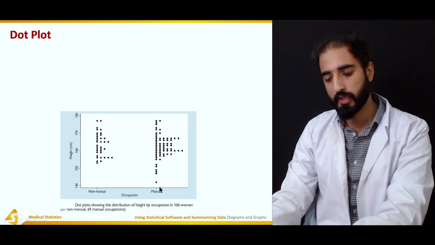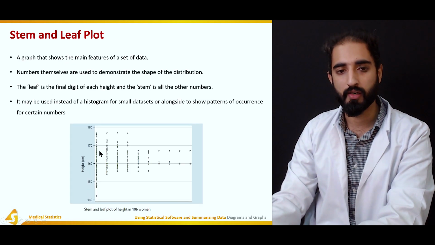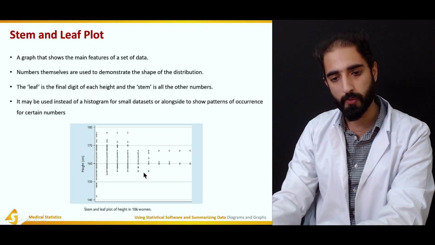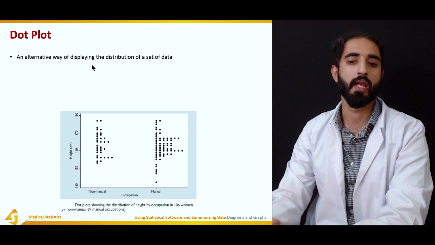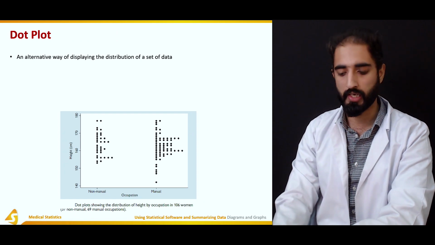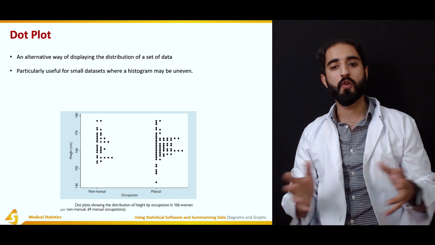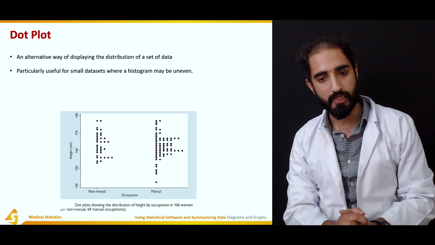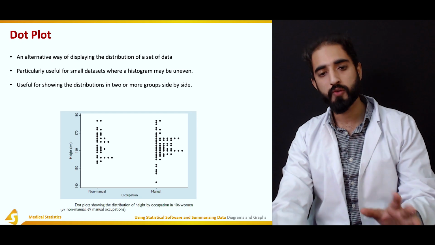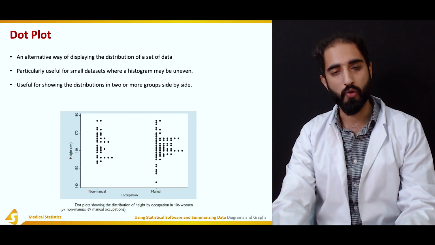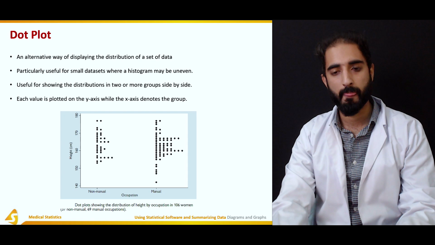Now the dot plot. If we look at this figure, it is similar to a stem and leaf plot, and it is an alternative way of displaying the distribution of a set of data. It is particularly useful for small data sets, similar to a stem and leaf plot, where a histogram may be uneven, and useful for showing the distributions in two or more groups side by side.